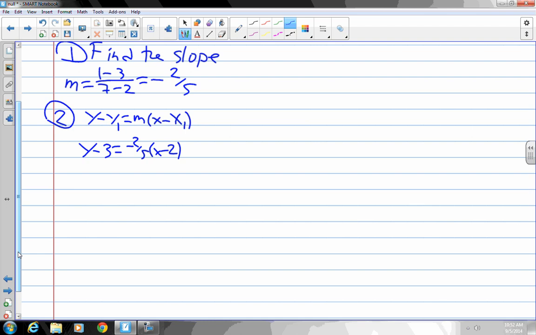And then we have to simplify this. So it becomes y minus 3 equals negative 2/5 x plus 4/5, right? When you distribute negative 2/5, and then add 3 to both sides, y equals negative 2/5 x plus, well, we can cheat, 3 and 4/5.